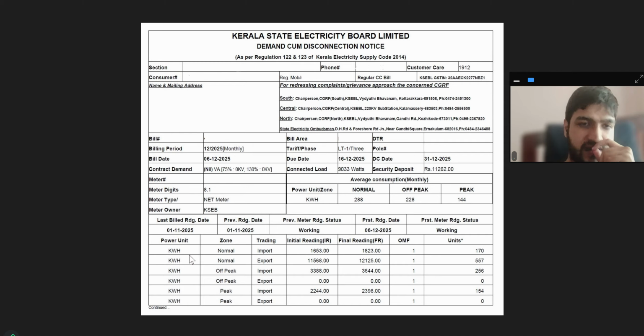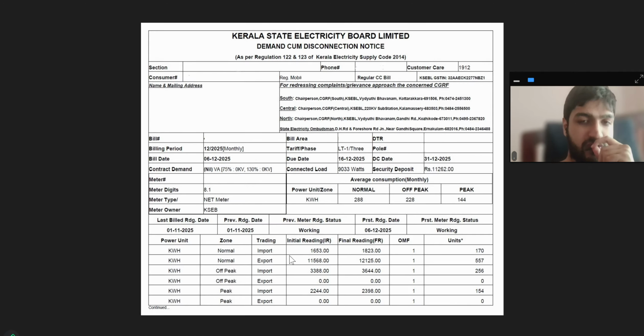Now, in this 35 days, again the consumption you can see is divided into different time zones. That's normal, off peak and peak. So in the normal time, the solar hours, there will be solar export to the grid from many houses. That's why they have kept the electricity tariff at a 10% discount for import.